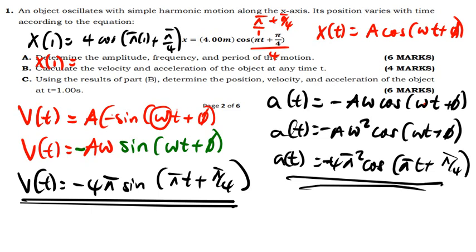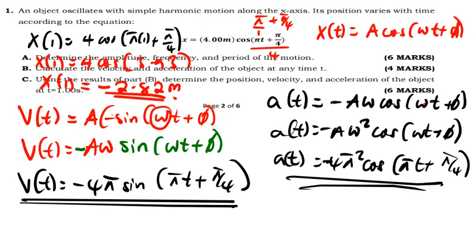So this is going to be 4 cos of 3.93, after rounding off. Then x as a function of 1 is 4 cos 3.93, which is negative 2.82 meters. That is my position.